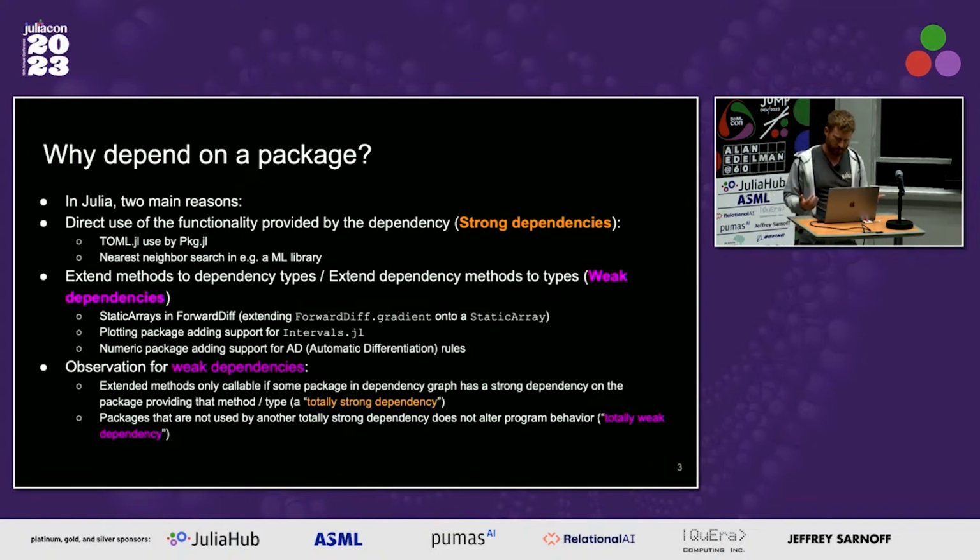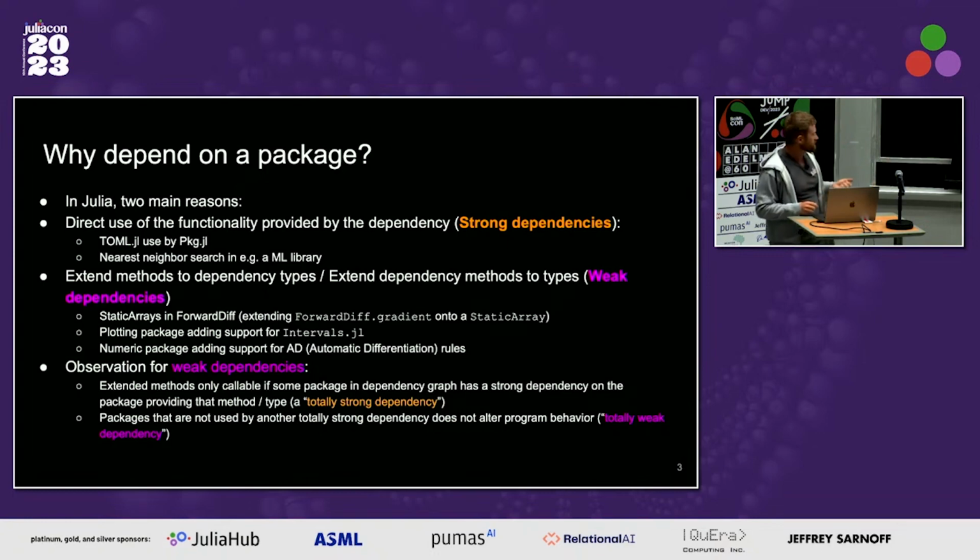It just accepts something. You could have a plotting package that adds support for intervals, so you can have plots with intervals. The plotting package is not using intervals, it's just adding support for it. Or you can have many numerical packages that add support for automatic differentiation rules, which is quite common.